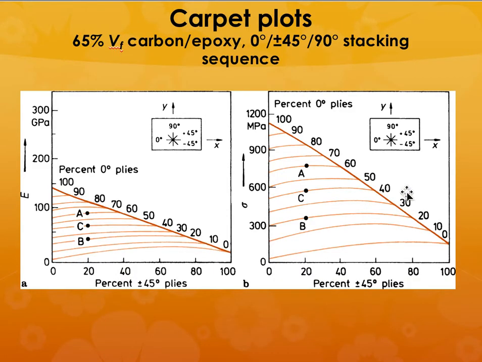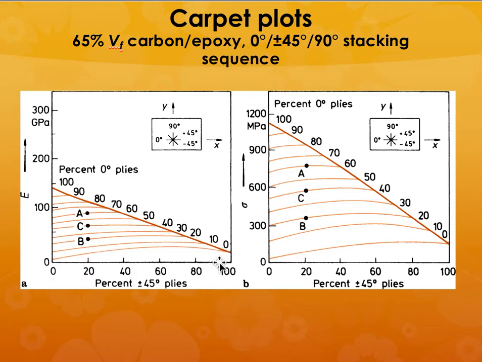Some of these plots are called carpet plots. You can plot the elastic modulus based on calculations, equations, and see how the properties are going to vary. And when you make the actual composite itself, you can compare.